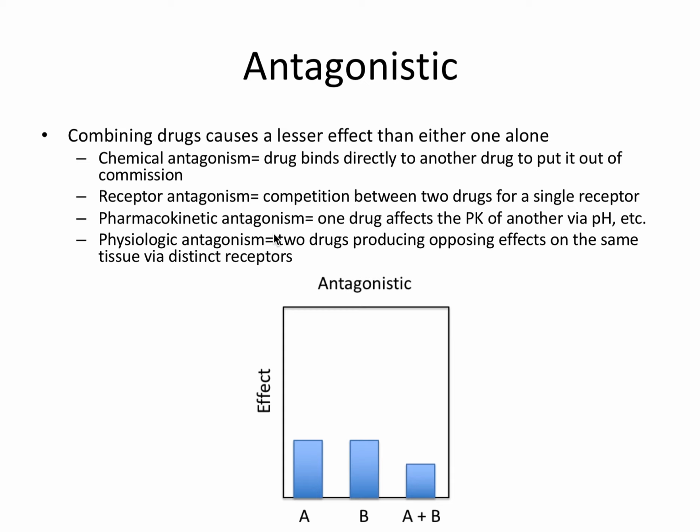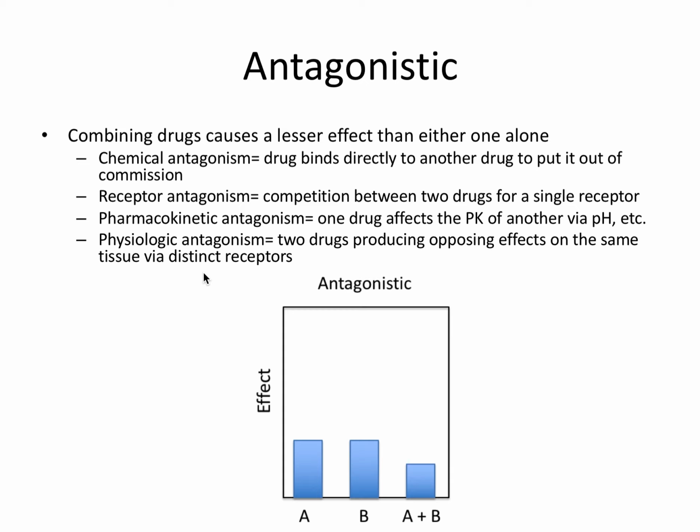Pharmacokinetic antagonism is where one drug affects the pK of another via pH. I talked about in the last video usually how two of them compete or affect one another with pharmacokinetics is in the metabolism stage. And I had a chart with various specific drug combinations.